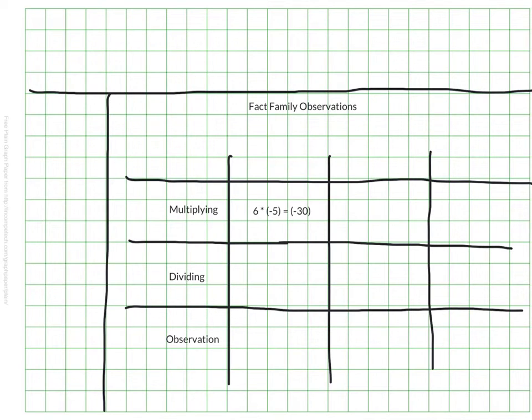We'll start here with 6 times negative 5, which would be a negative 30. And if we use our fact family with a different operation, negative 30 divided by the 6 would have to leave us with the negative 5. So right away I see that if I have a negative and I'm dividing it by a positive, the result is negative.